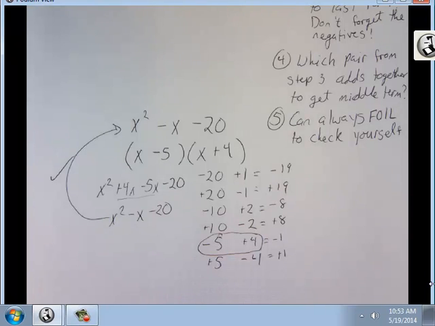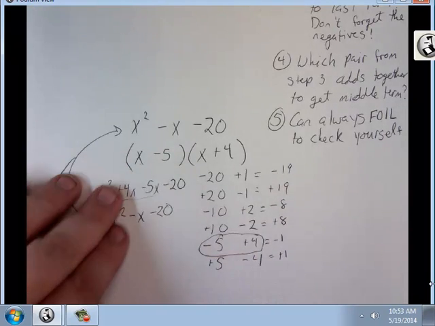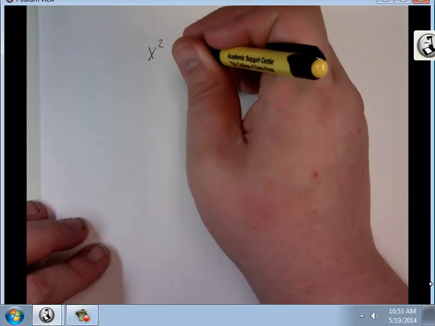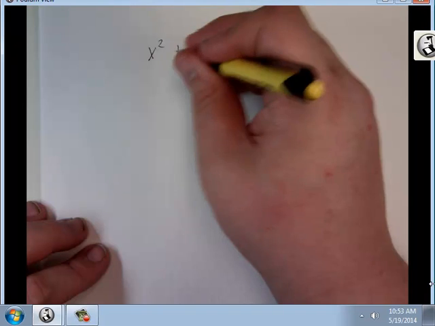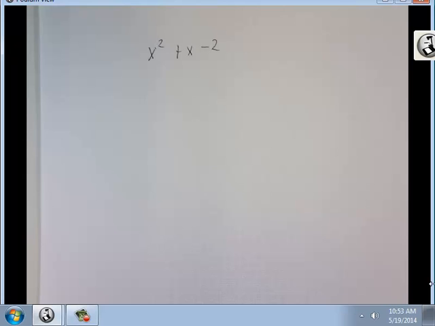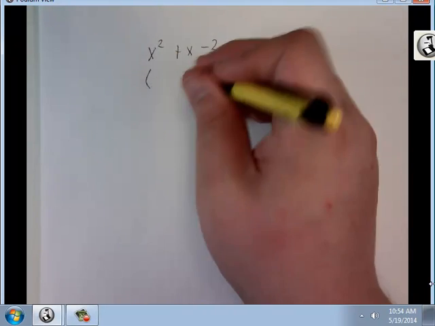And that's the basics of factoring. We're going to do one more. Alright, this is going to be the last one on this video. X squared plus x minus 2. Same process as before. X and x.